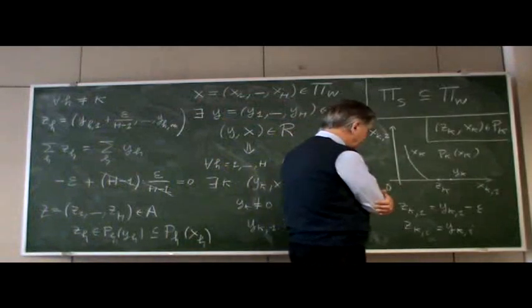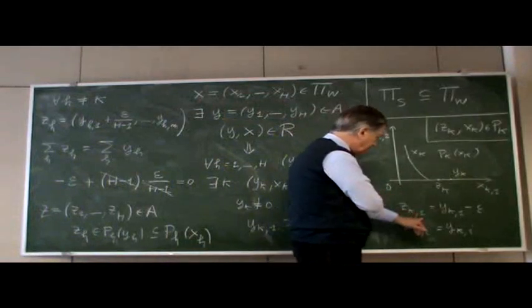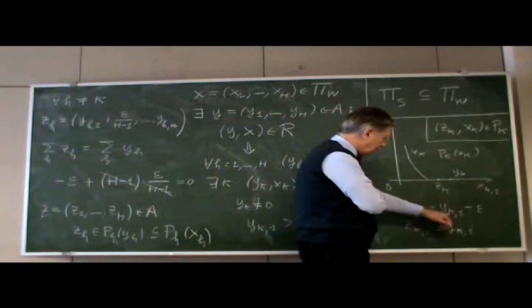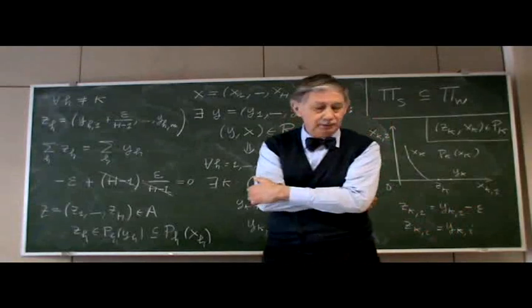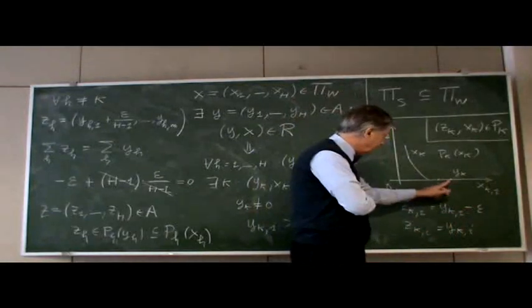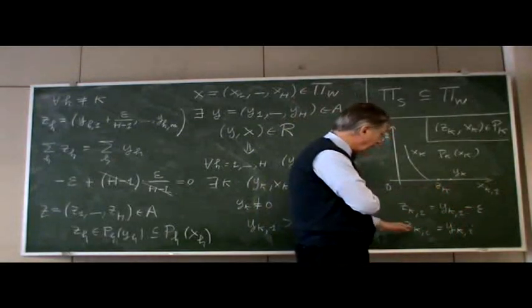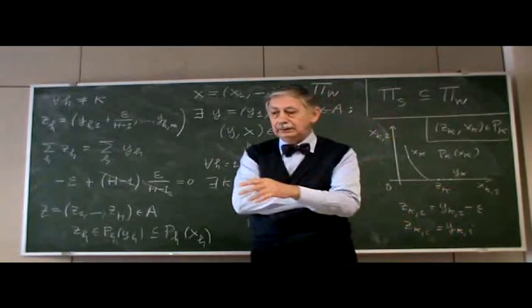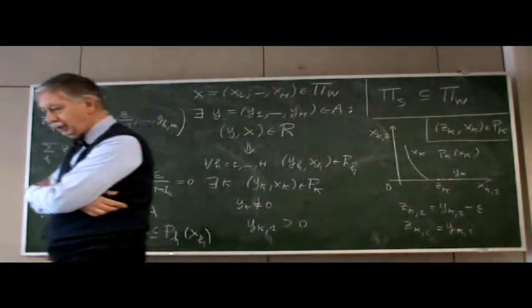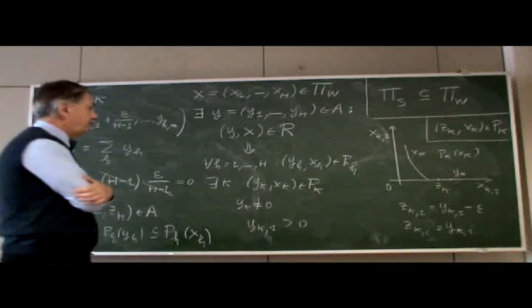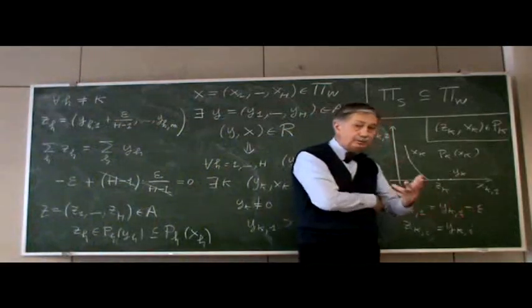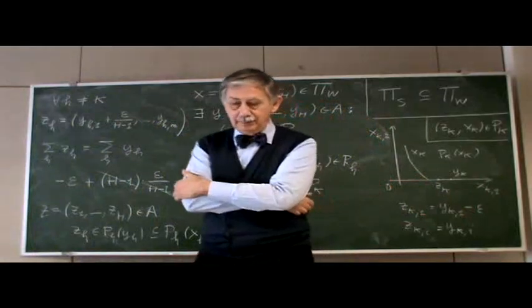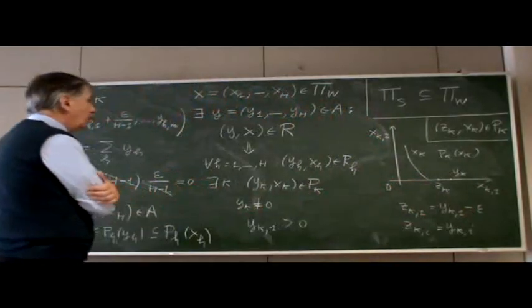What are the components of zk? The first component is yk1 minus a certain positive epsilon, which is simply the length of this small segment. All the other components are equal. In other terms, you obtain a bundle which is preferred to xk by saving some quantity of good 1 with respect to the bundle yk.